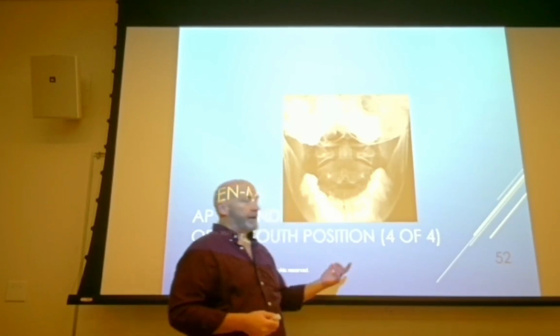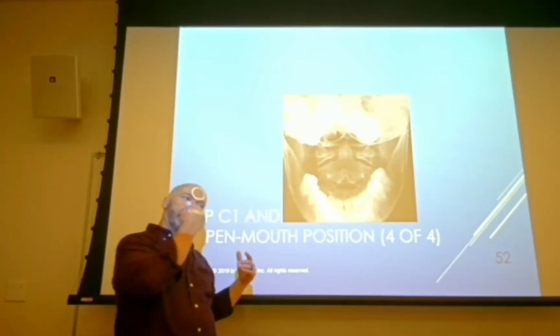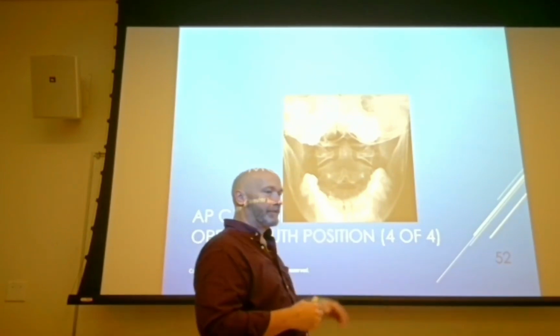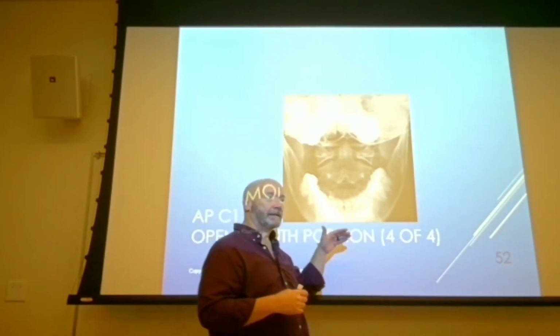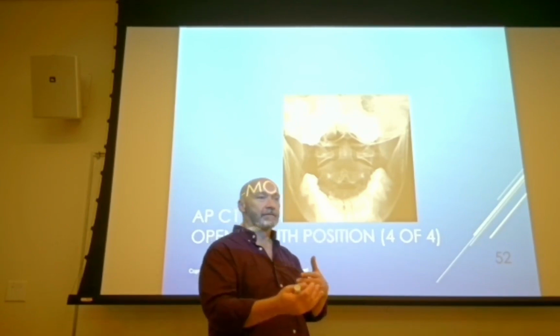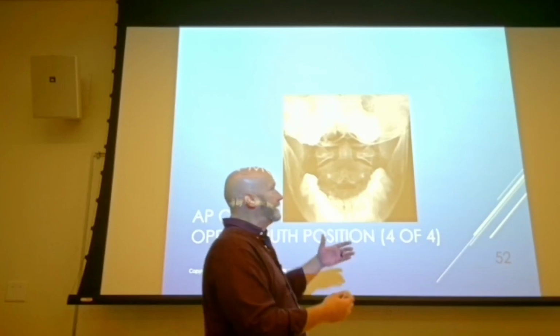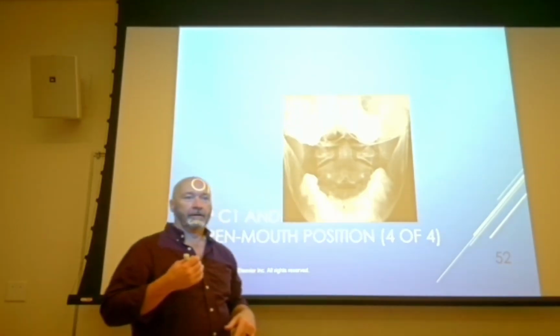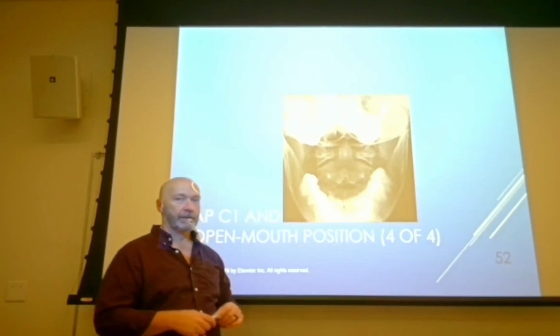So if the patient can't move their head and their acanthomeatal line is not perpendicular to the image receptor, how can we get these two things stacked on top of each other the best we can without moving the patient's head?